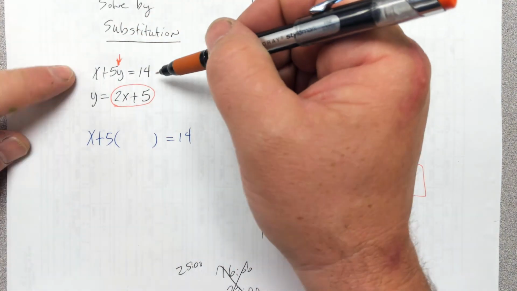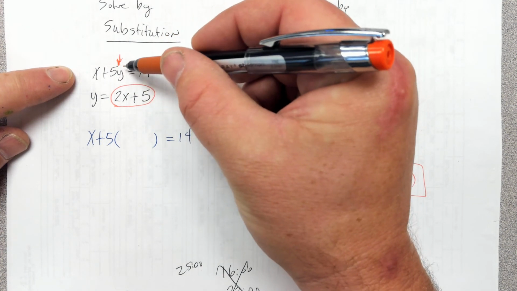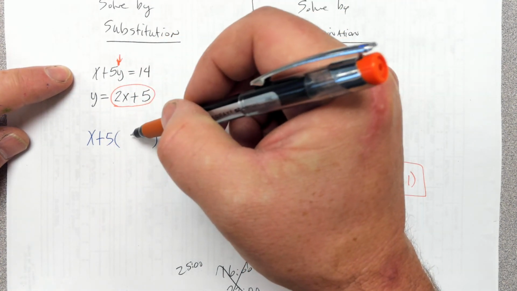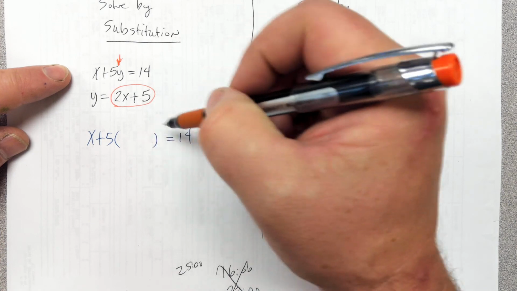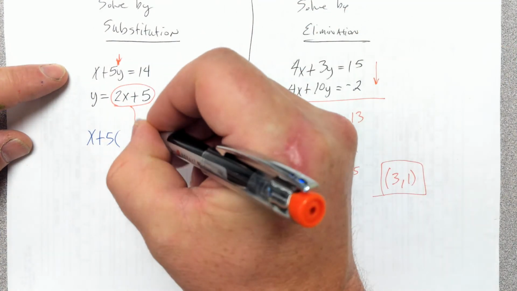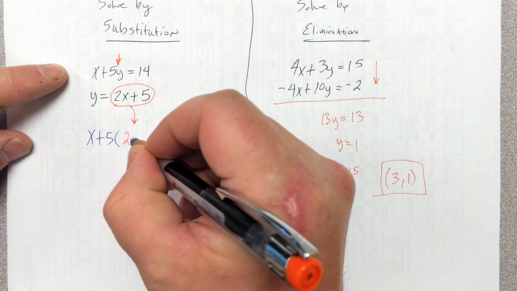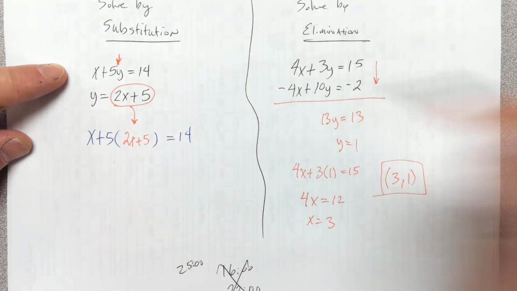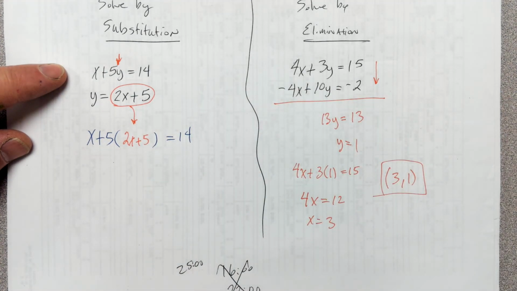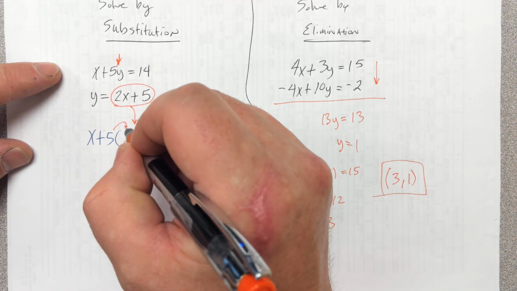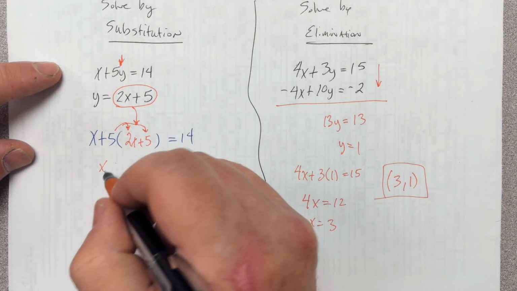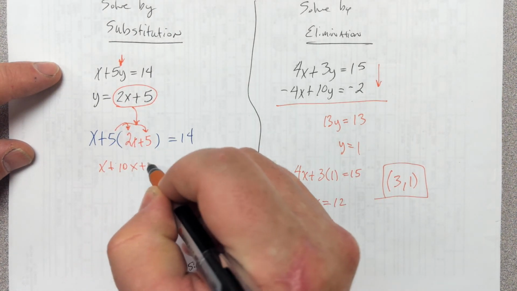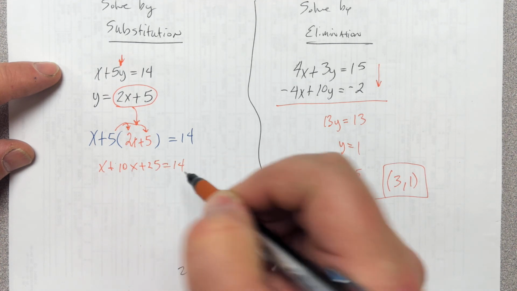I took this first equation, x plus 5 times y, and I'm going to write y right there equals 14. So that's what y is. Now we just have to distribute and then combine like terms. So that's x plus 10x plus 25 equals 14.